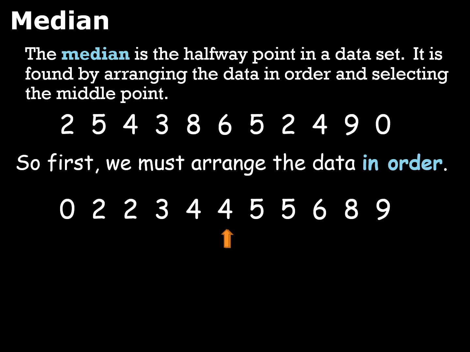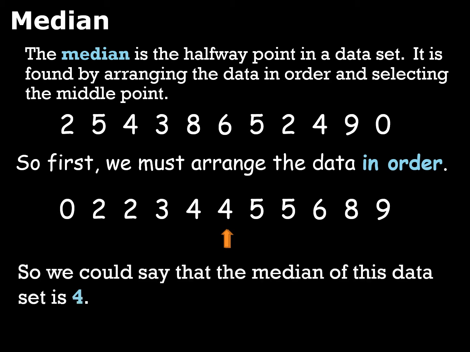In this case, we did have a middle value. The value 4 is right there in the middle. You might be thinking, what if there's not a middle value? What if there are 2 middle values? We'll talk about that in a minute. But in this case there is a middle value, so our median is 4.